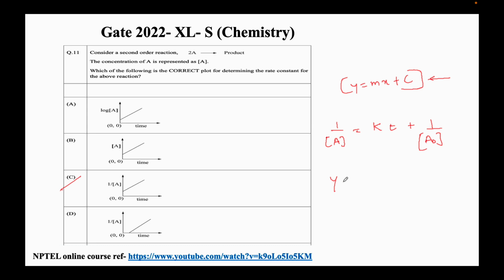So 1 by A is y is equal to m, so here the slope is k, the rate constant, x is time t, plus c. This intercept here is c, which is equal to 1 by A0, the initial concentration from which the reaction begins, right? So the correct answer is C.